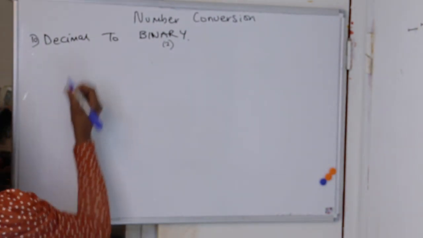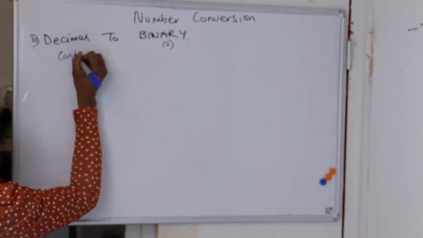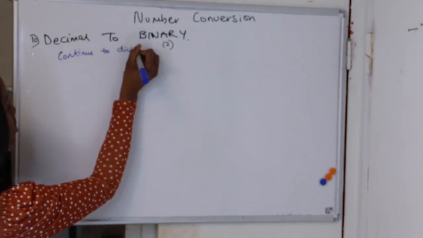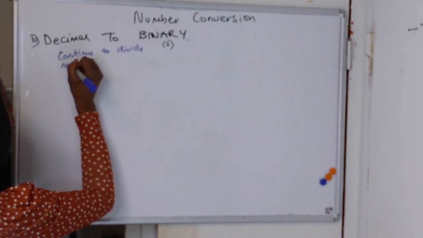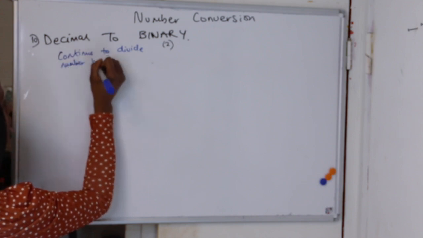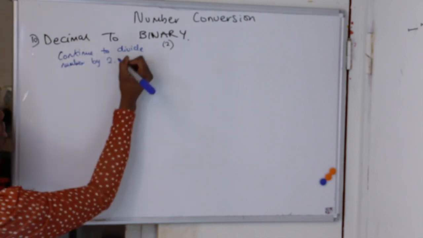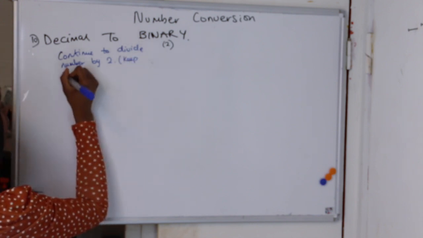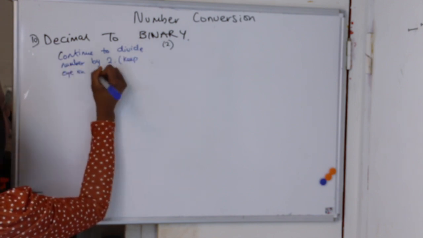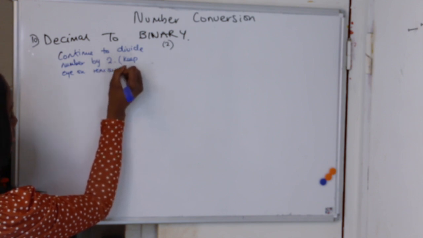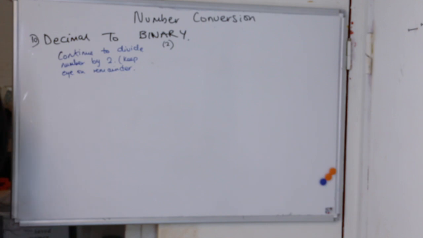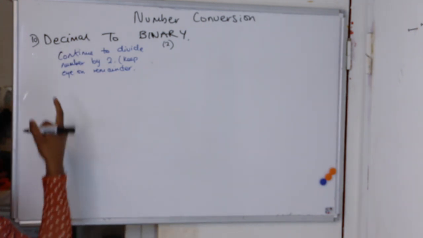So all you're doing is continuing to divide the number by 2 and keeping an eye on the remainder. Okay, I'll give you an example once I've done the others.